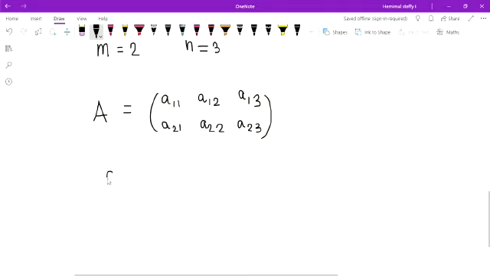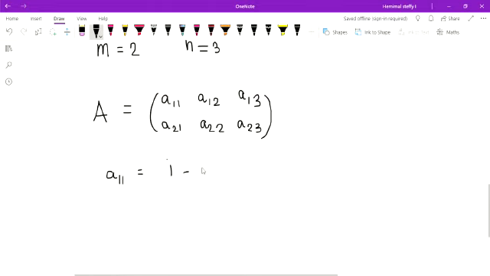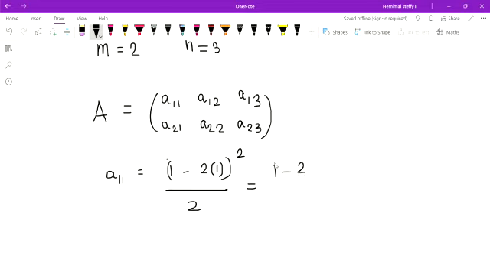So (1 minus 2 into 1) is 2, and whole square divided by 2. 1 minus 2 gives minus 1.